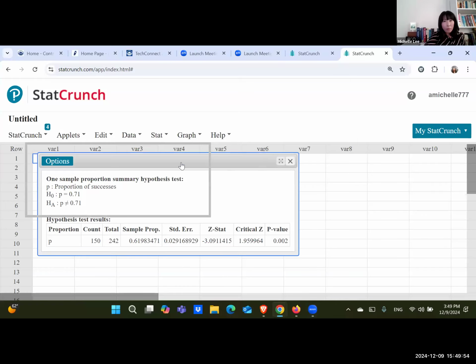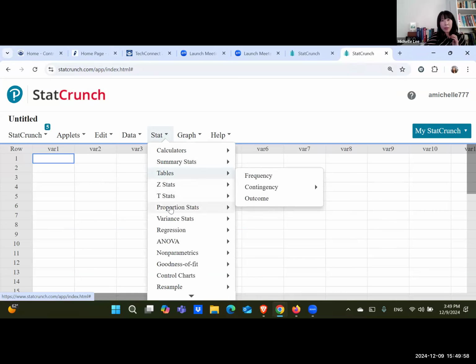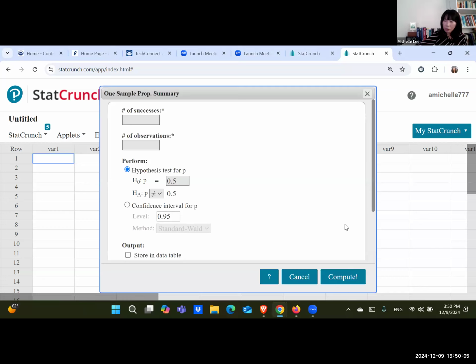Okay, so same as earlier, let's say using that. Proportion stats, one sample with summary. Click that. Hold on one second. Number of successes will be 158, and sample size of 314.